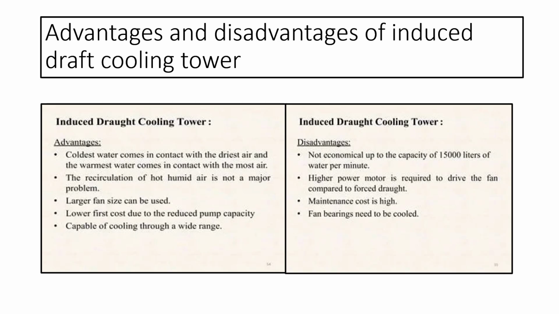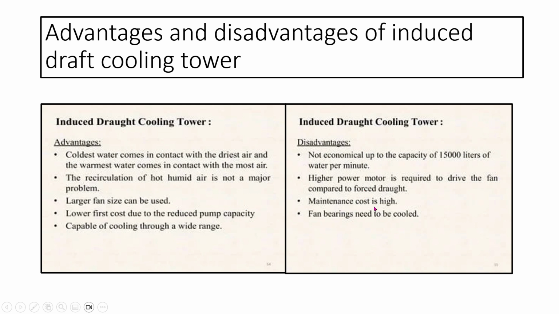If it is more economical, then the quantity is very high, and a higher power motor is required because it is handling more air. That's why a higher motor size is required to drive the fan compared to forced draft. In forced draft fan, a small amount of air is required, and in induced draft fan, a lot of air is required because not all air comes in contact, not utilizing.